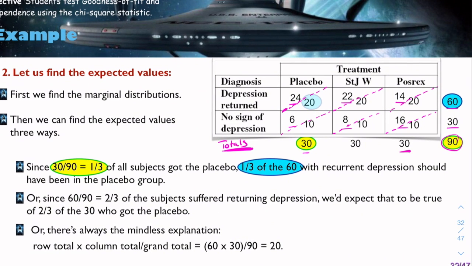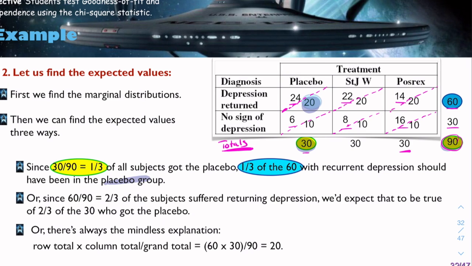One way to think about it is, since there are 30 out of 90 of the subjects who got the placebo, we should expect 1/3 of the 60 people with recurrent depression to have gotten that placebo. So if we do 1/3 of 60, we get 20.